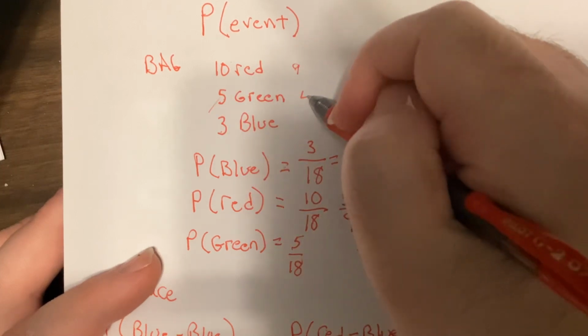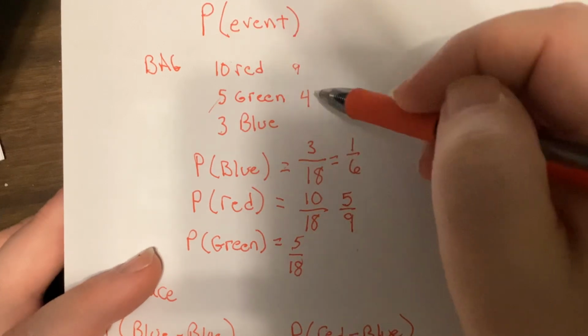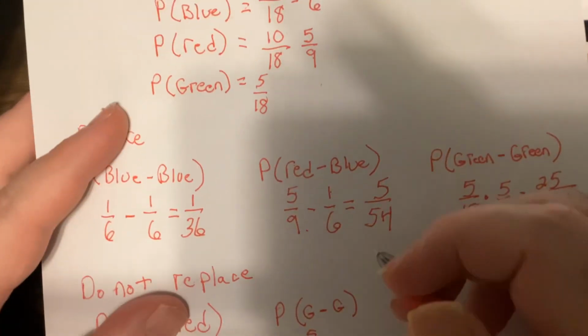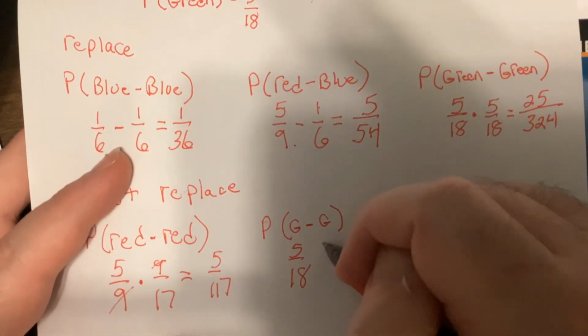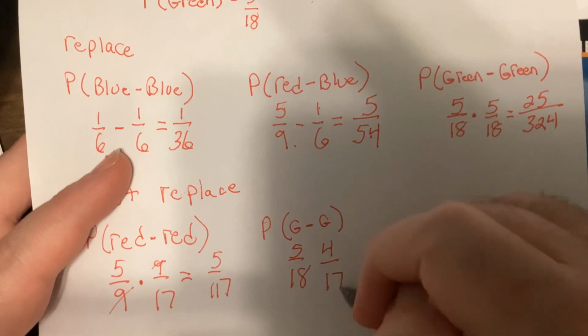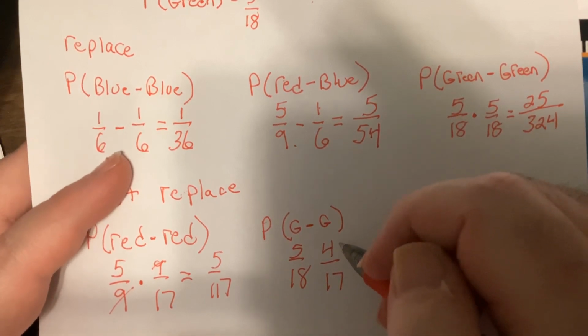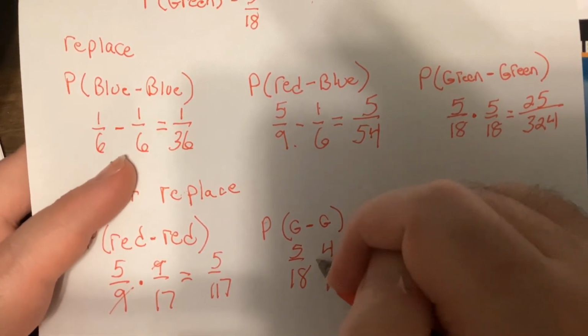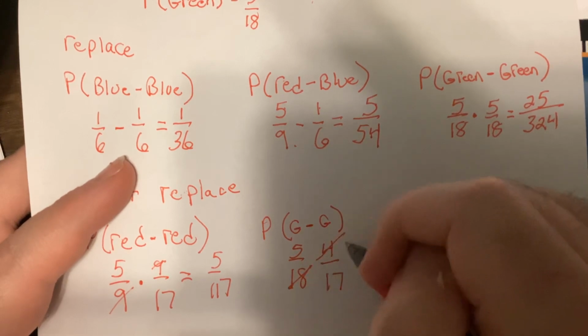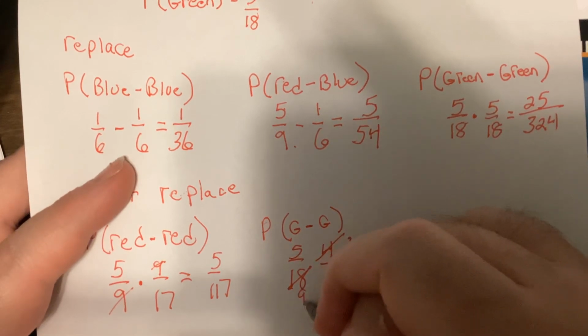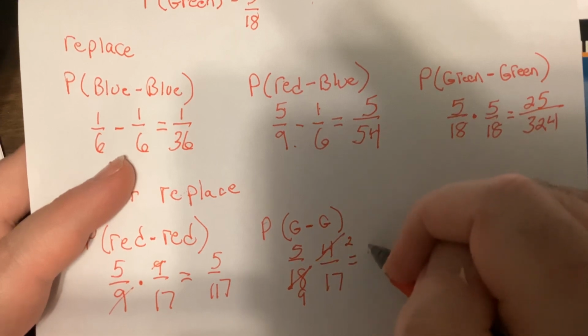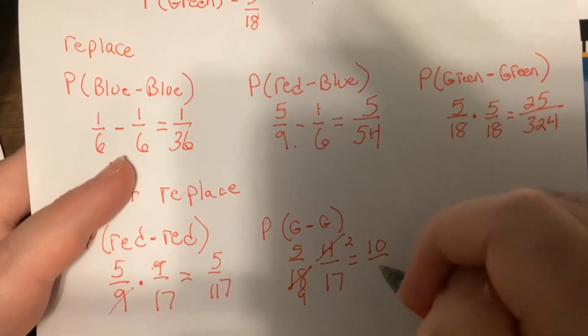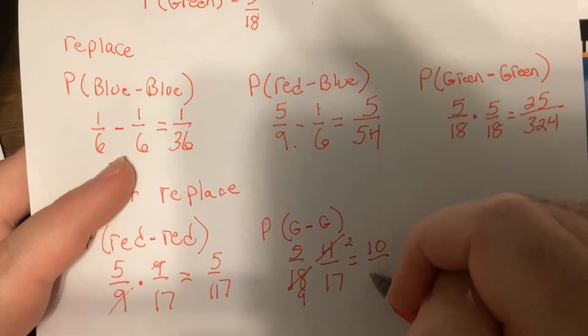So it would be 4. So it'd be 17 marbles, and only 4 of them are green. So it'd be 4 out of 17. So 2 goes into both. So it'd be 2/9. So it'd be 10 over 153.